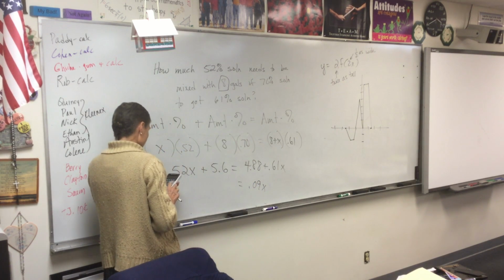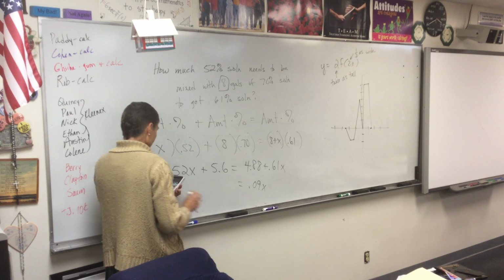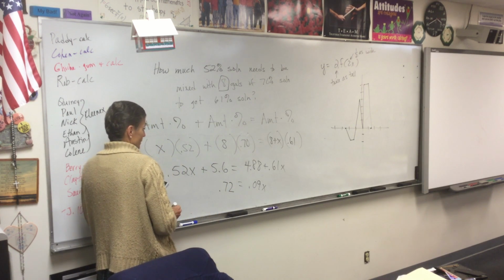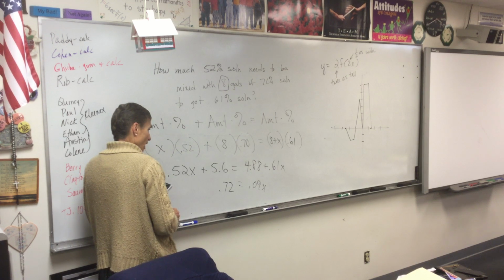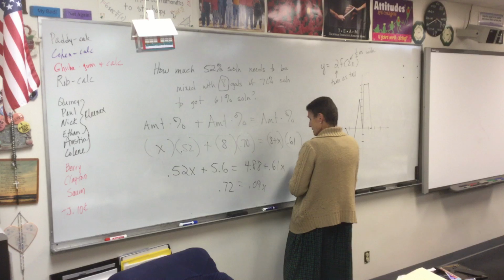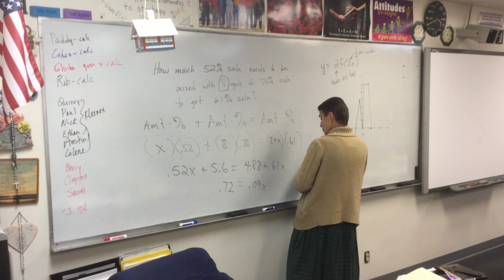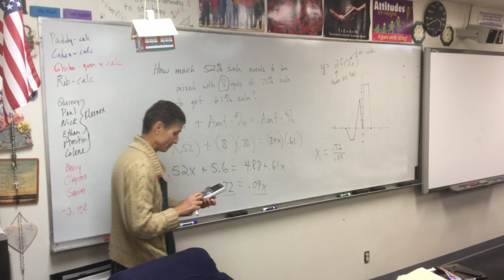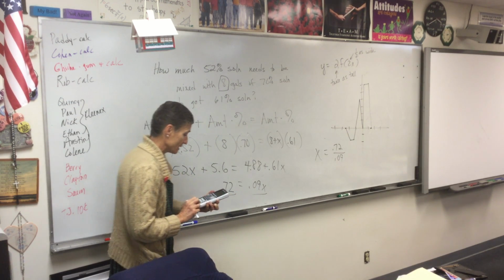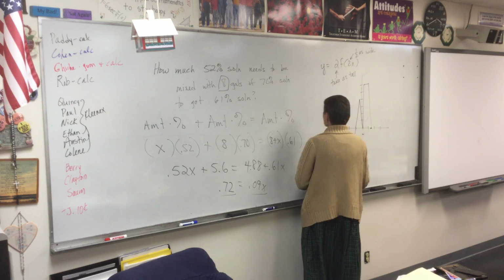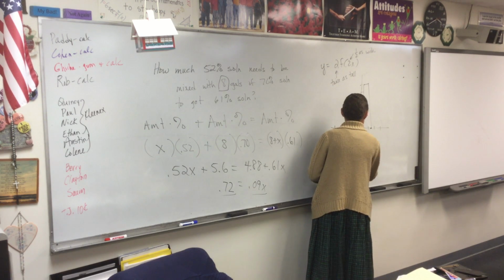I'm going to subtract my 4.88. I get 0.72. Oh my gosh. I made this up, and it's going to work out nicely, isn't it? So x equals 0.72 divided by 0.09. If I divide both sides by 0.09. And the answer is 8 gallons.